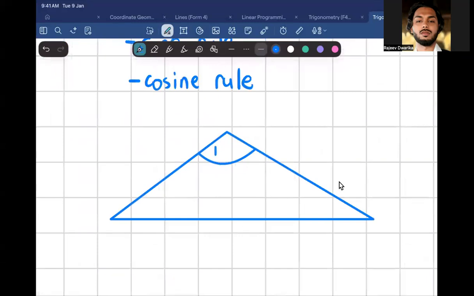Okay, so just some quick knowledge. In general, what should this angle here be?